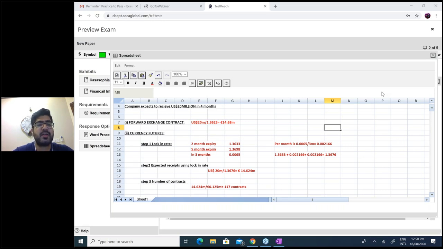I explained direct and indirect quote in detail yesterday, so it is advisable you see yesterday's session. We are finding the number of contracts, so you have to divide with the contract size. Why would you divide with another price? Since there is no over or under hedging being done in futures, it doesn't matter whether you take upside or downside, but in options, since it's under hedge, I would advise you to take the down value.